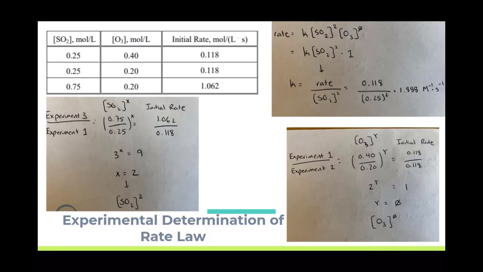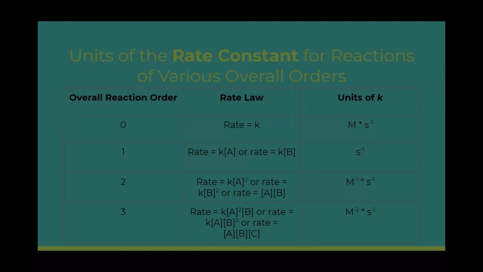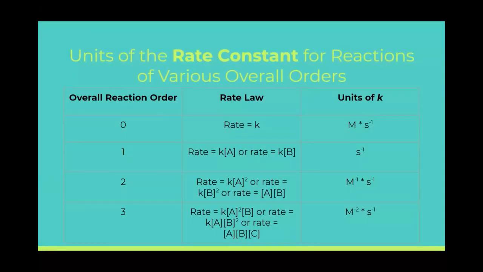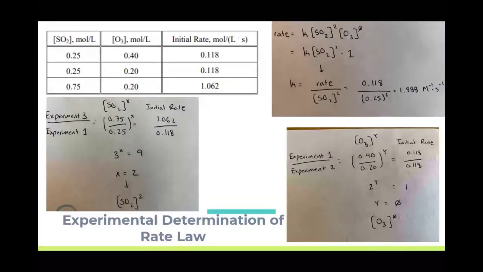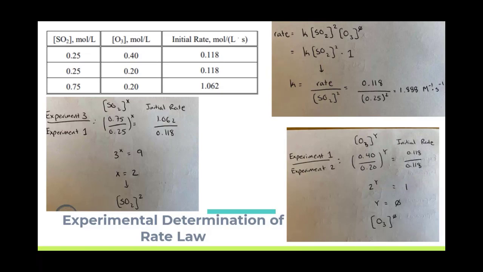Okay, and one final thing, oh, if you can go back real quick. Okay, so one final thing in the top right-hand corner: when they ask you to write out your rate law, you'll set rate equals K times the concentration of SO2 to the second power, because we know it was 2, times the concentration of O3 to the 0 power, because we found it was a 0 exponent.